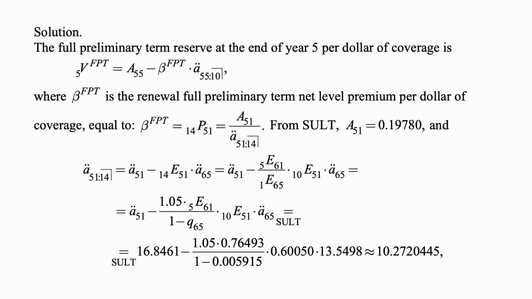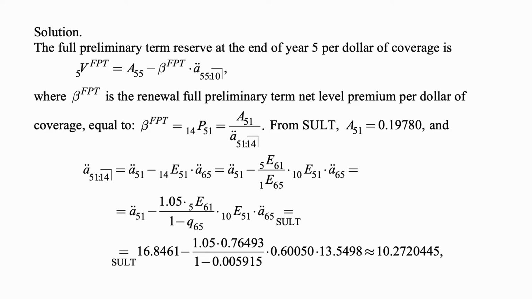However, we rewrite it as A51 minus 5E61 over 1E65 times 10E51. So from 51 to 61 we go in 10 years, and then we need to go extra 4 years. We write it as 5 years and then divide by that extra year that we don't need, from age 65 to age 66. And that's multiplied by A65.